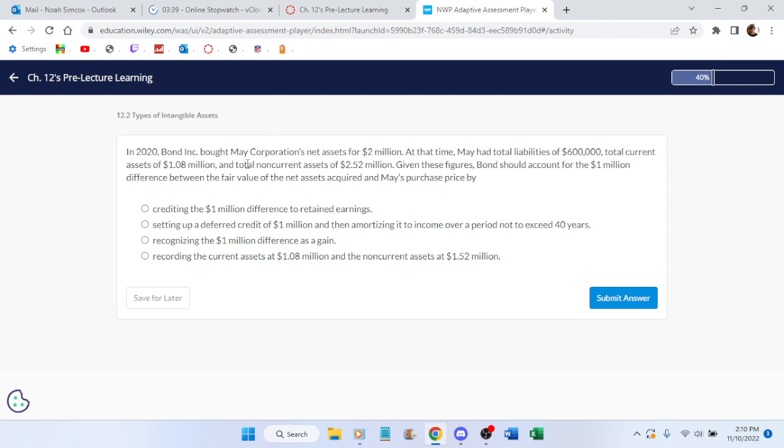Okay, there's a $1 billion difference between fair value and the purchase price as goodwill. Hold on. I don't know if it was purchased at a loss or a gain. Okay, $2 million was the purchase price. Oh, no! It literally just rolled all the way to the other side of the room.